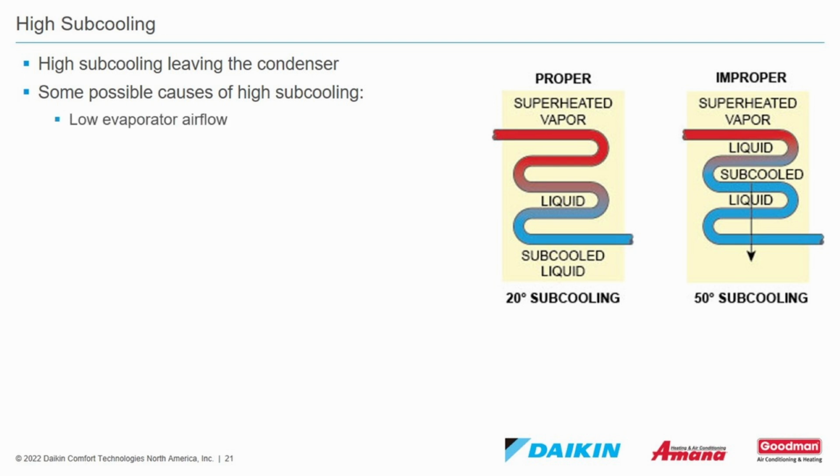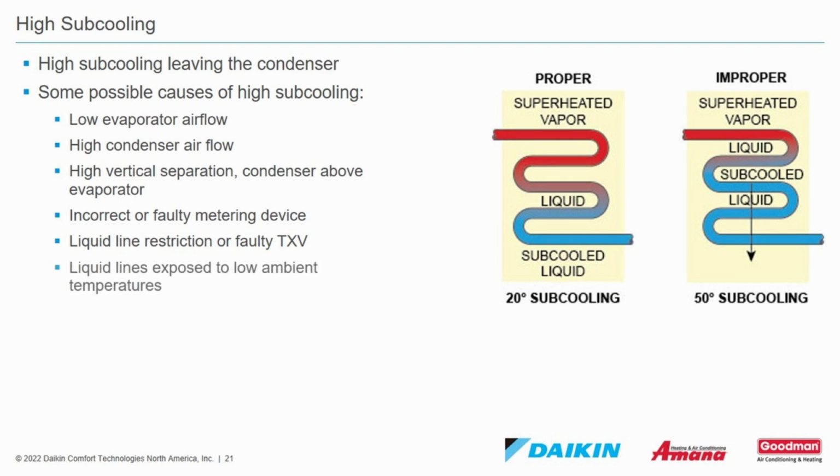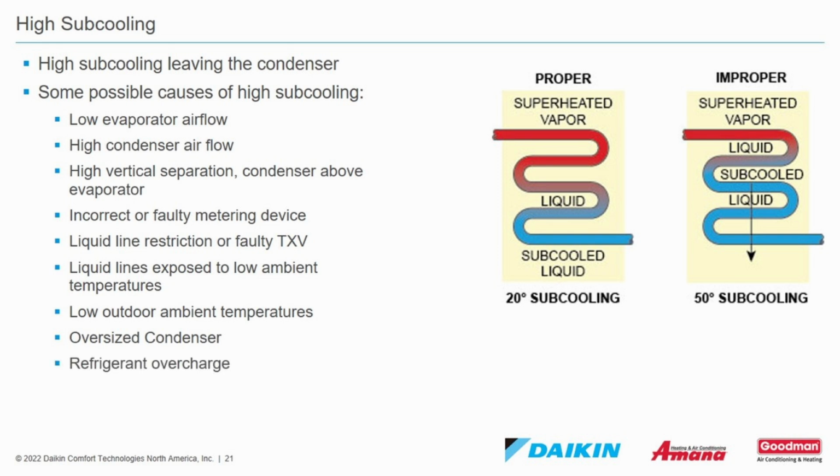Low evaporator airflow, high condenser airflow, high vertical separation with the condenser above the evaporator, incorrect or faulty metering device, liquid line restriction or faulty TXV, liquid lines exposed to low ambient temperatures, low outdoor ambient temperatures, oversized condenser, or a refrigerant overcharge.